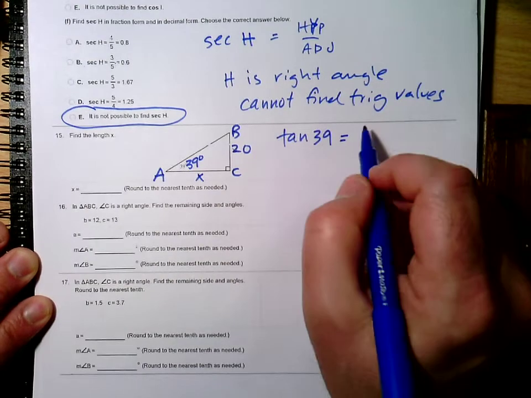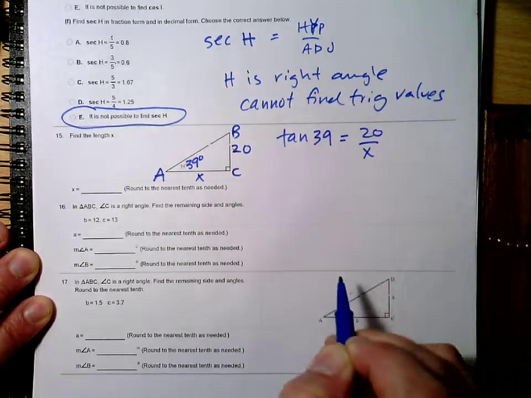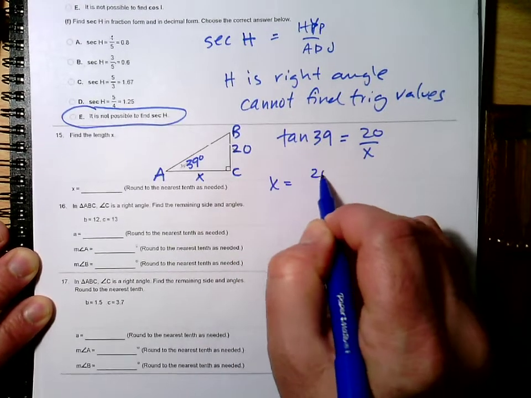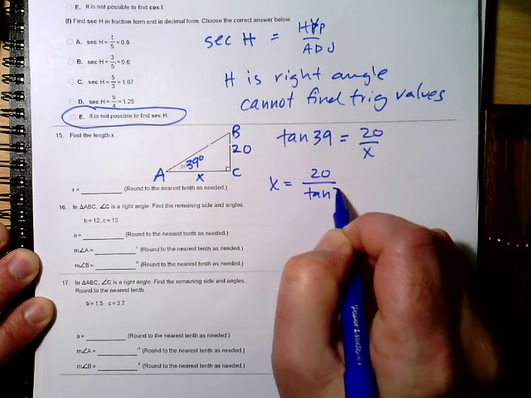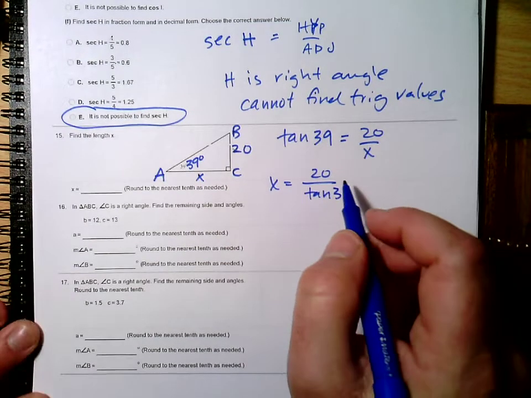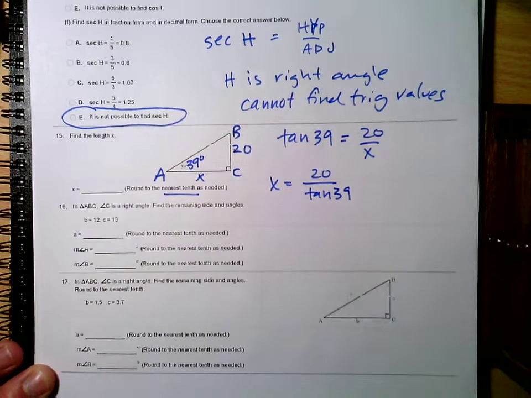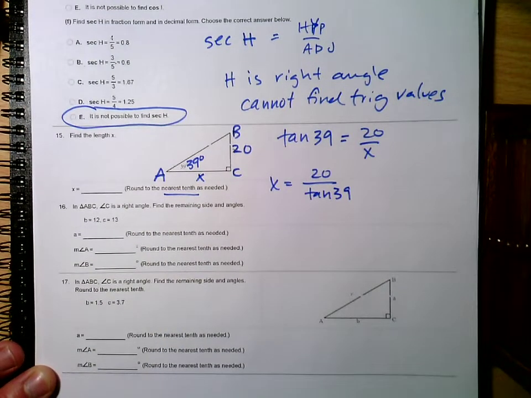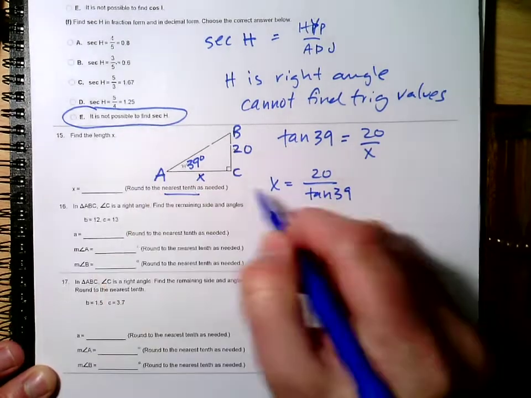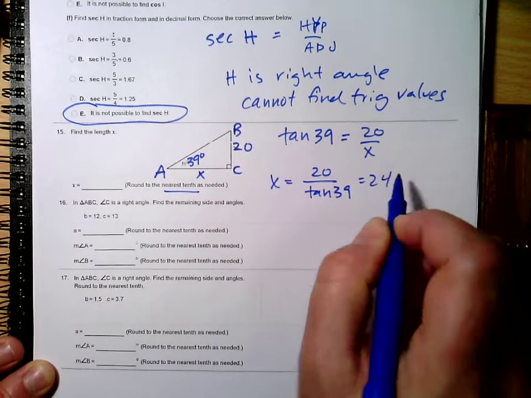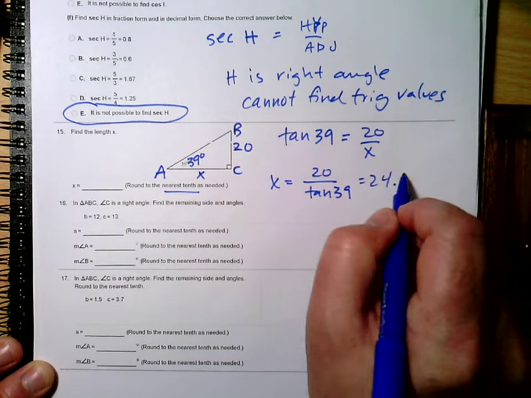So this is tan 39 equals 20 over x. And so x would be 20 over tan of 39 after solving that for x. Round to the nearest tenth, so 20 divided by tan of 39 is 24.7 when rounded to the nearest tenth.